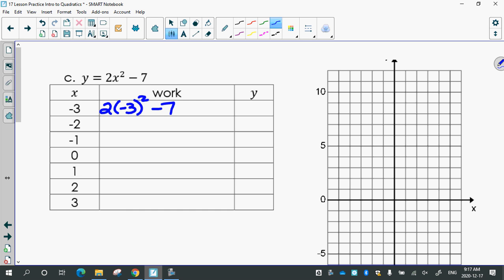You've got to remember back to grade 9 BEDMAS to make sure you can do that properly. So you square the negative 3 first. 9 times 2 is 18, and then 18 minus 7. Or you can just key it in your calculator: 2 bracket negative 3 bracket squared minus 7. And you should get 11. Yep.